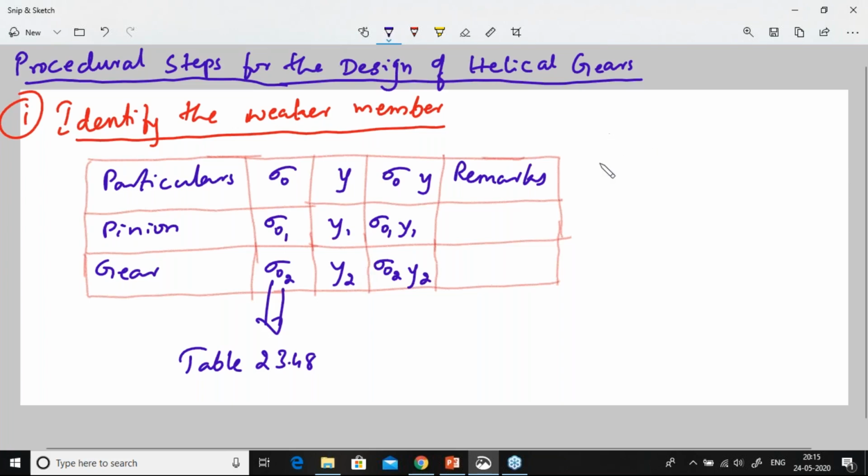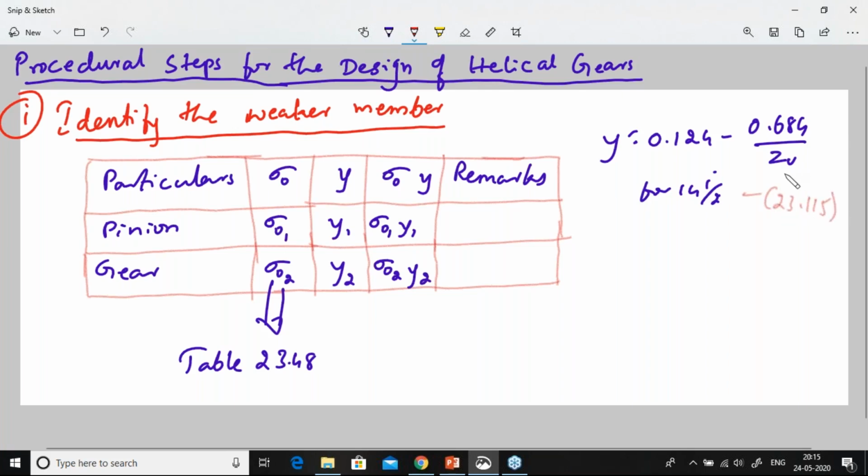We have the equations for y. Y is equal to 0.124 minus 0.684 divided by ZV. This is for 14.5 degree involute. The equation number is 23.115.